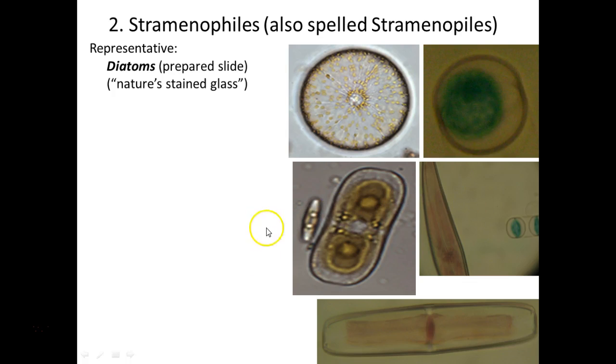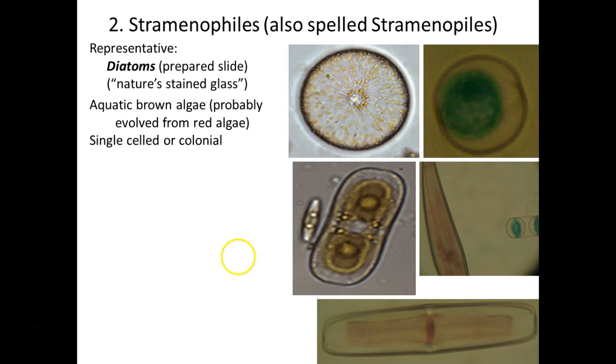So diatoms are the ones we're going to look at next. These come in 2 forms. They're sometimes referred to as nature's stained glass. These are photosynthetic, aquatic brown algae that evolved from red algae, single-celled or colonial. Again, they can use carbon dioxide from the atmosphere.